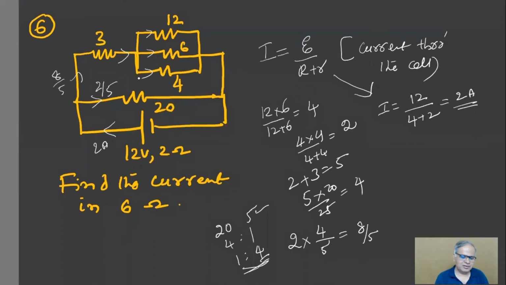What do you say? Yes, sir. So in what ratio? 1 by 12 is to 1 by 6 is to 1 by 4 ratio. How much is this ratio? Tell me.